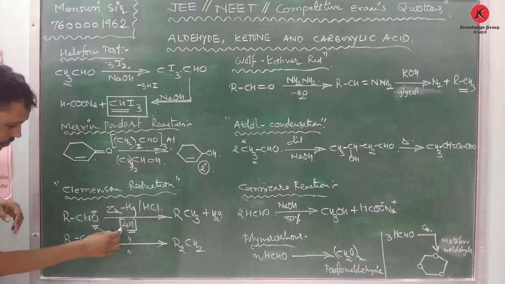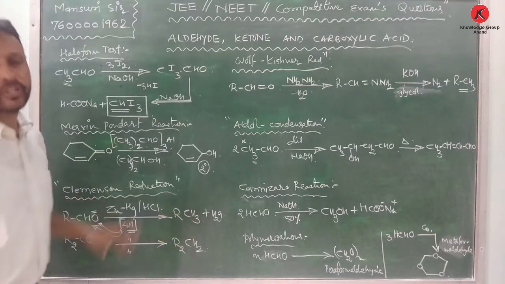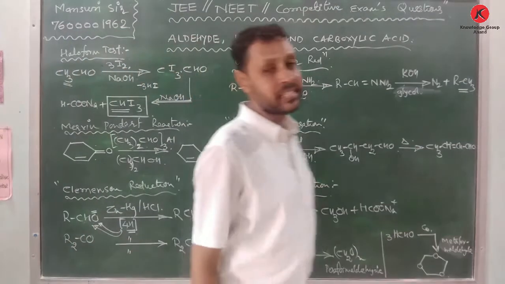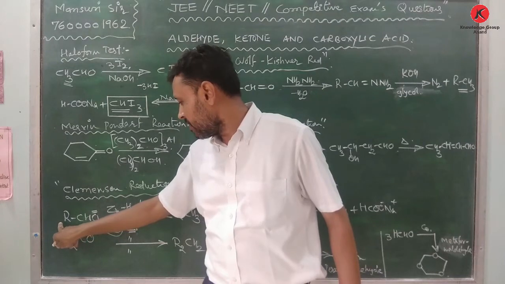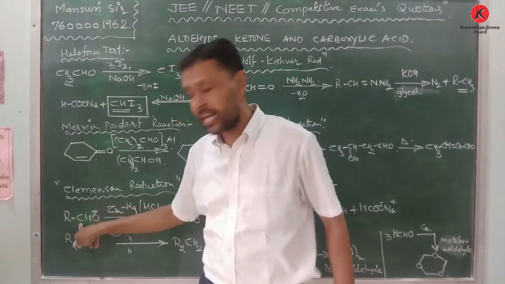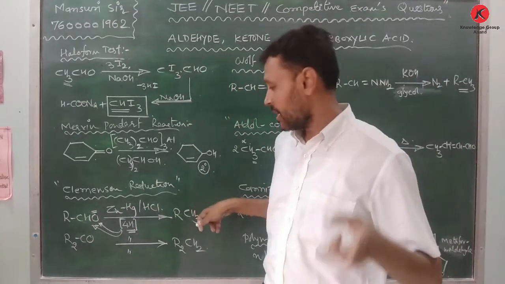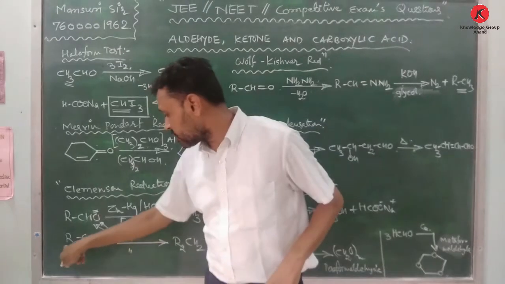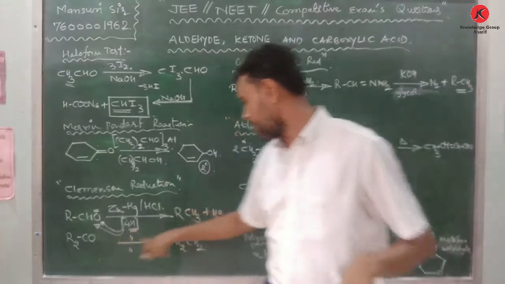And thereafter 2 hydrogens are going toward there. That is why alkane is obtained. Here alkane is obtained. Now when propanal is given, after this reaction you can obtain propane. Thereafter here ketone is to be given.